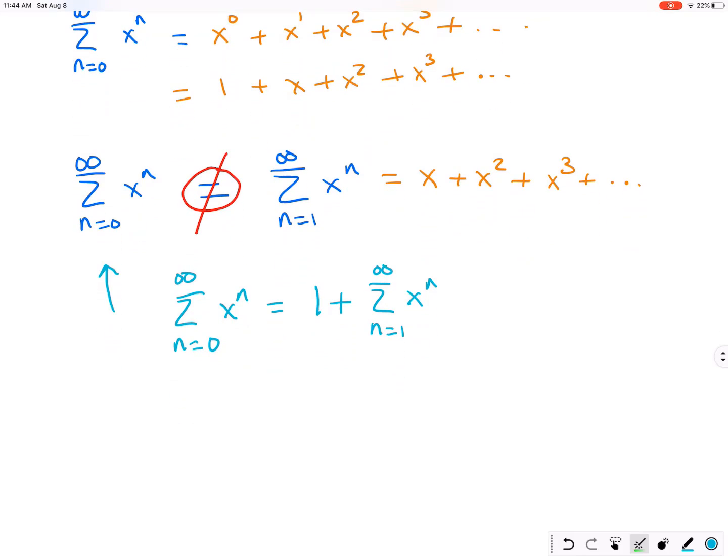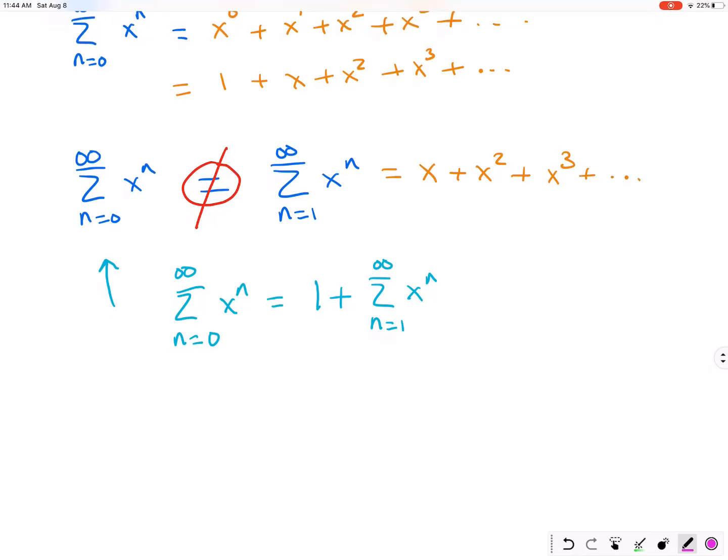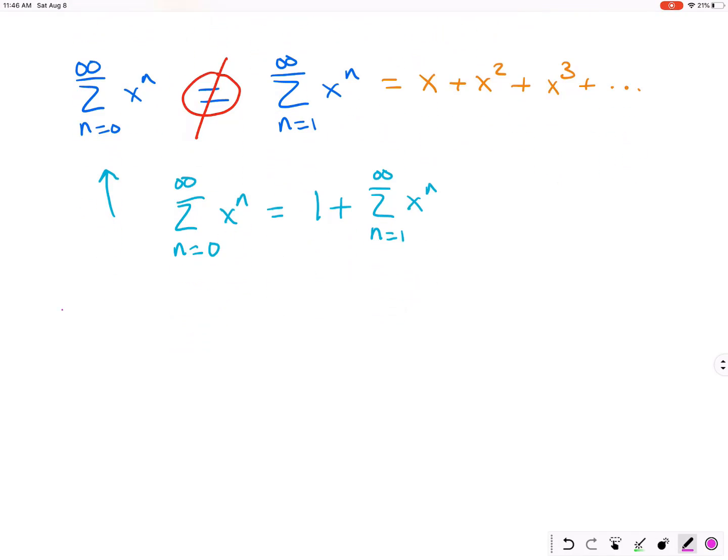So how do we fix that? Well, let's actually write where I fix it. Okay, so let's say then that I wanted to switch this summation n equals 0 to infinity of x to the n to a summation of n equals 1 to infinity.